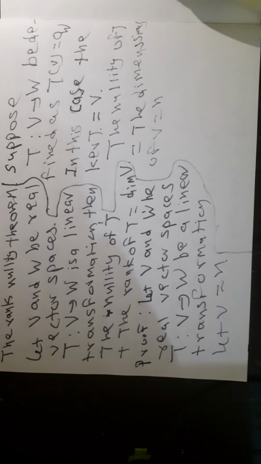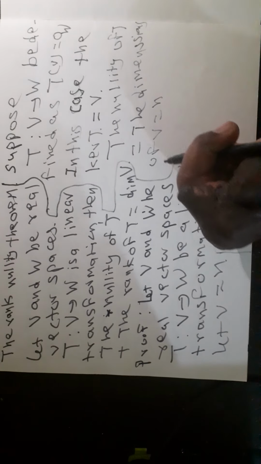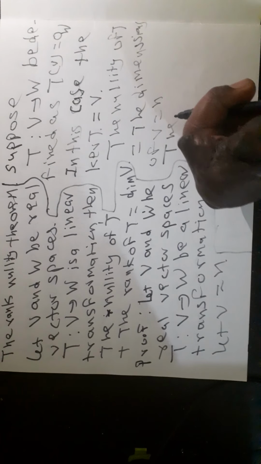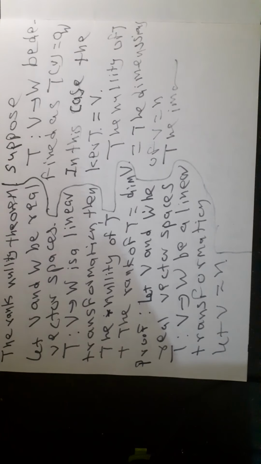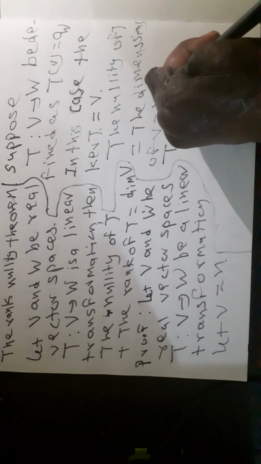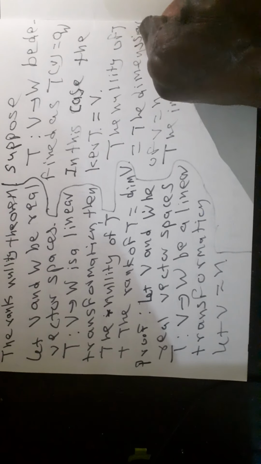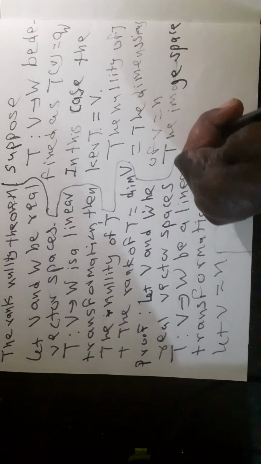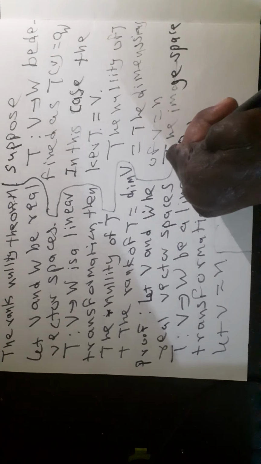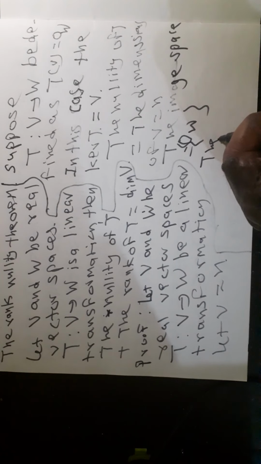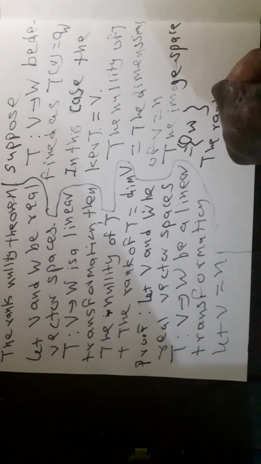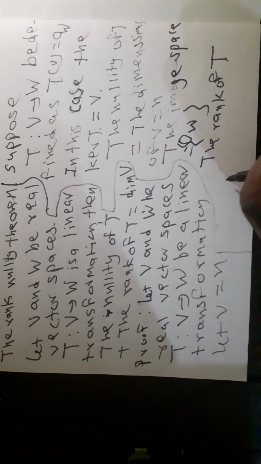Now the image space here is equal to 0 of W. Therefore the rank of T is equal to the dimension of the image space.